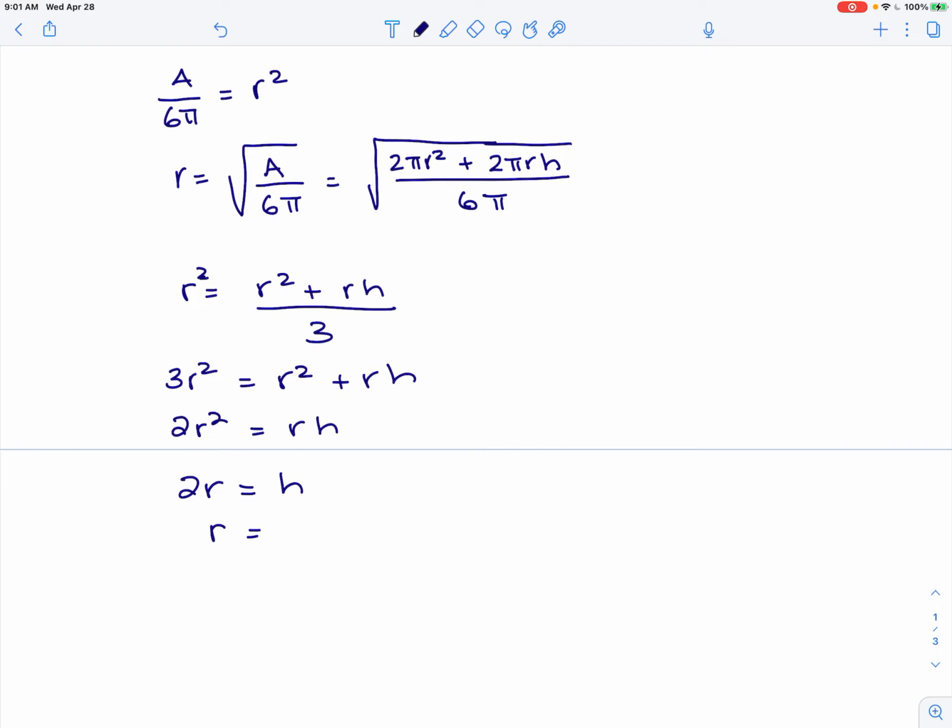And so r should equal exactly half of the height. So the ratio should be 1 to 2. If you think about it, that means the diameter should be the same as the height.